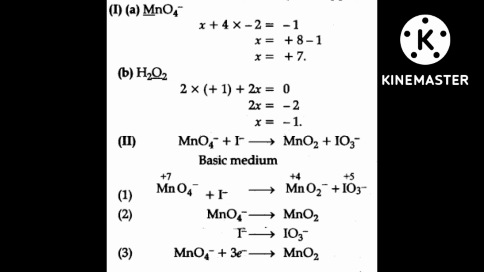Now again you can understand that this 2s and 2p is for the second period I am talking about: 1s2, 2s2, 2p6.